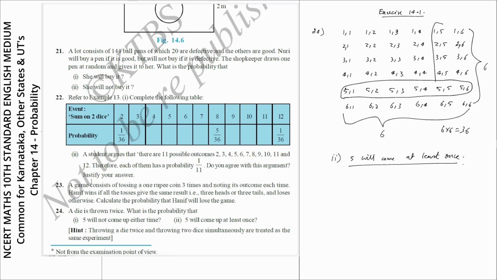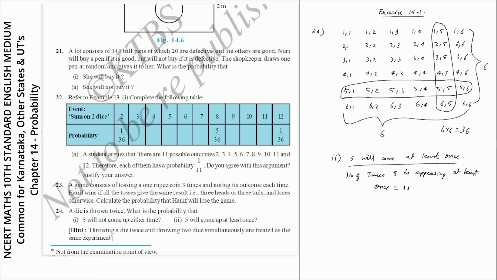If you count, the number of times 5 is appearing at least once is equal to 11.